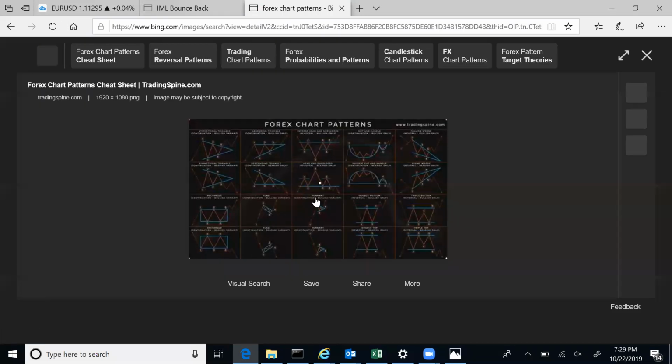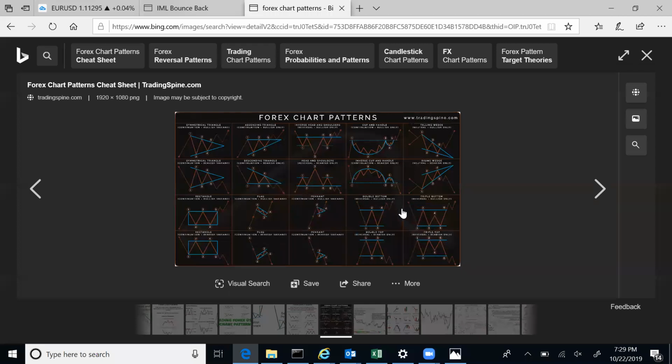You can't miss it. I want every single one of you to take this pattern, print it, put it as your laptop wallpaper, whatever you need to do, so you can always refer to this cheat sheet when deciding whether to take a trade at a key level. It will help you, trust me.